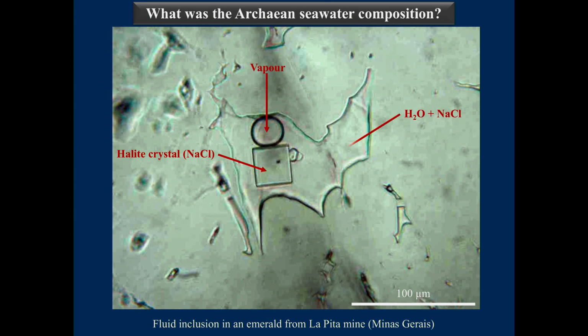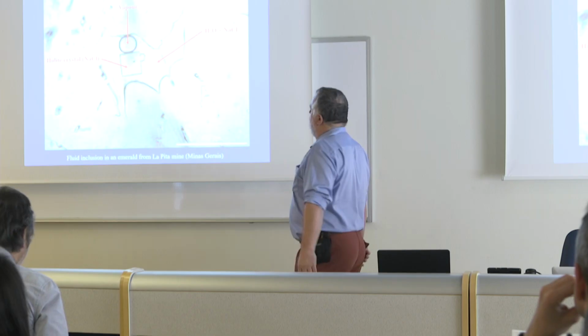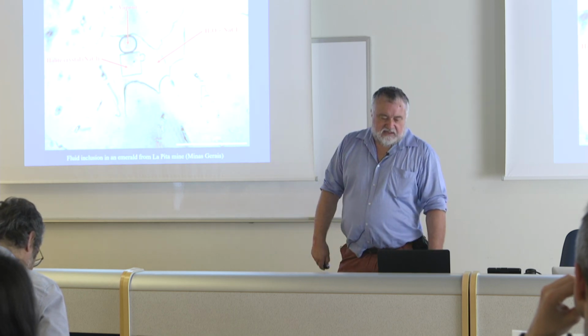So some ocean water was trapped, or hydrothermal water was trapped, in this mineral. So the idea is to look at fluid inclusions in minerals to try to have an idea of the composition of the Archaean water. So we will look at water inclusions in Archaean minerals, hoping that they represent the composition of the seawater at the time.